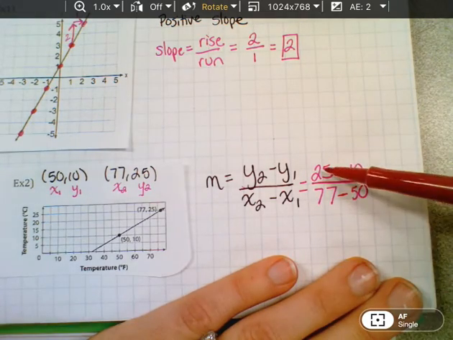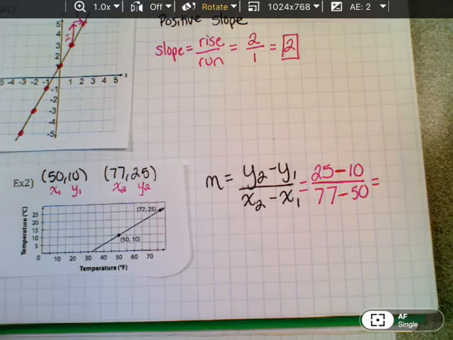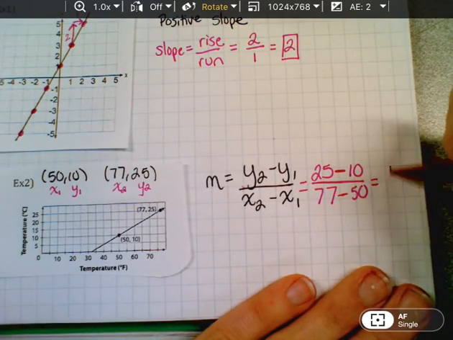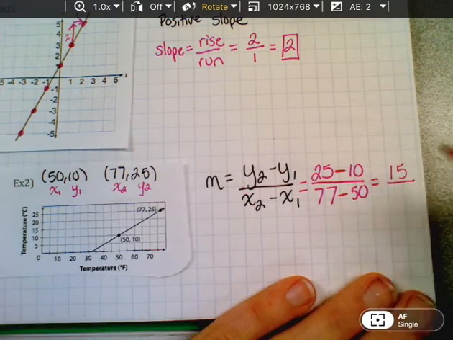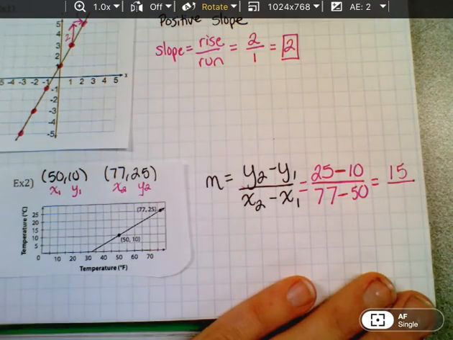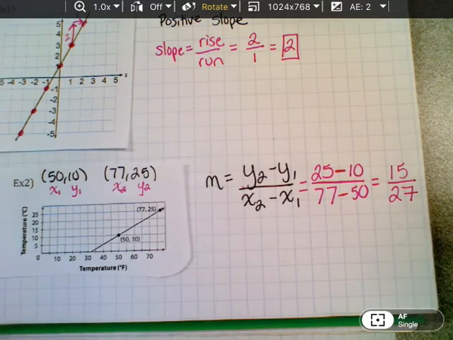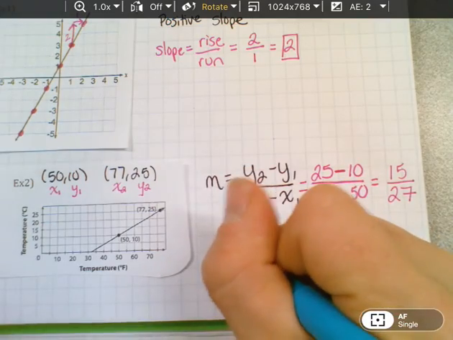I've plugged everything in, and now I just have to figure out what does this equal and what does this equal. So 25 minus 10, go ahead and think about what that is. And then 77 minus 50, go ahead and think about what that is. That's my slope. The slope here is 15/27, but this can be reduced.